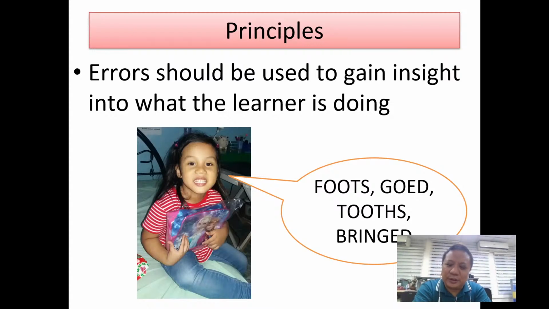Like when a learner says, "Foots go, do's bring." A child would say something like that, and it's an error, of course, but you don't need to correct it. Rather, you realize that the child is applying the rules of the language in specific words.